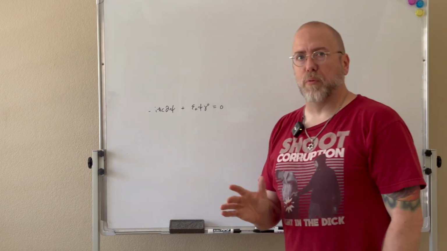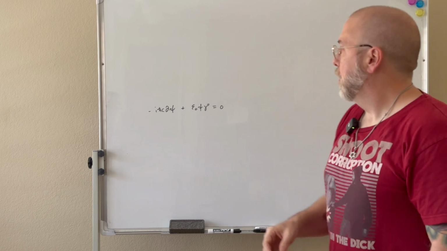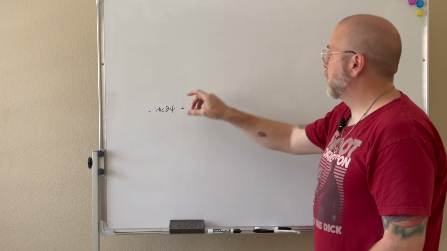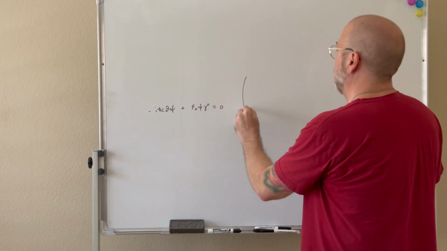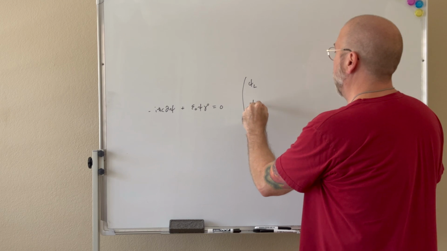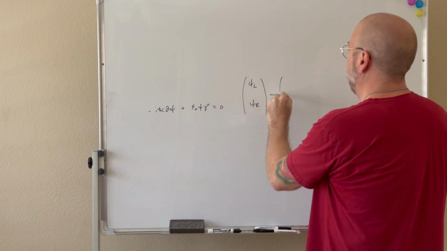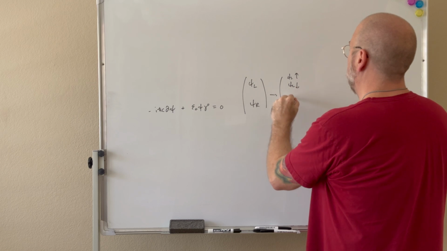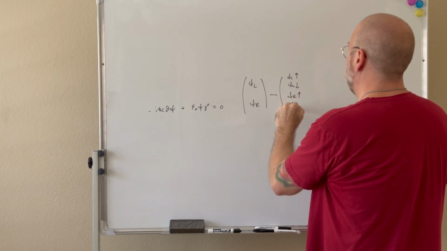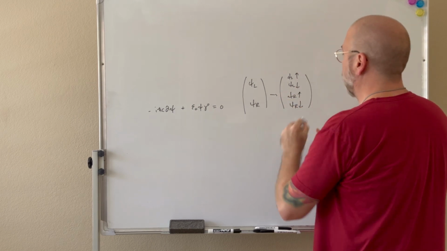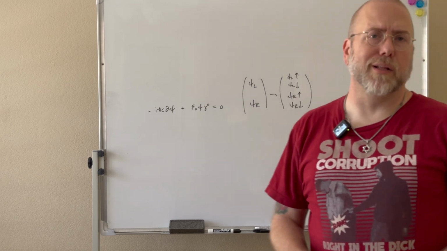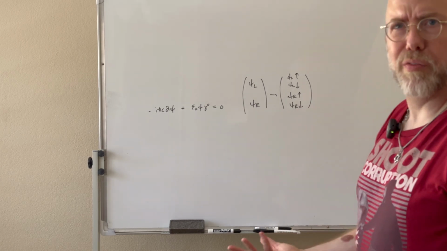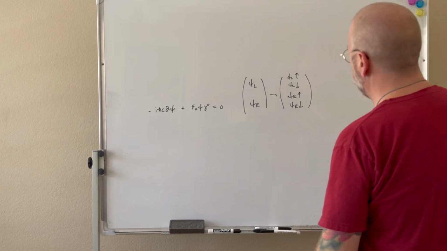One of the things that I want you to keep in mind here, classically, this is just a column matrix. Right? So you have psi left, psi right, or psi left spin up, psi left spin down, psi right spin up, psi right spin down. 4 complex numbers in a stack, looking like a vector, but for a 4-dimensional complex space, right?